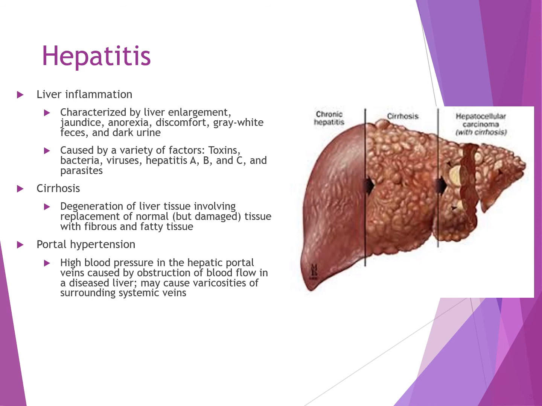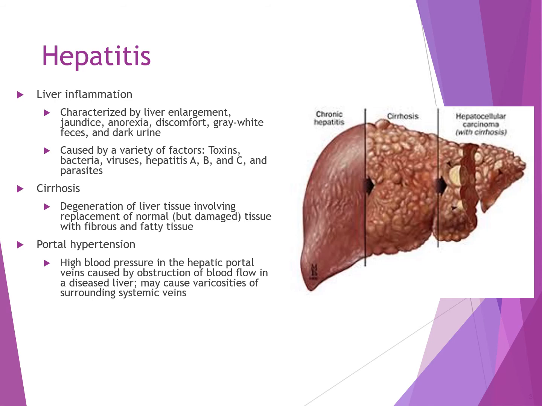So the liver also helps to filter that out as well, and other various toxins. So some things that can cause liver inflammation are various toxins, bacteria, and viruses, like hepatitis A, B, and C, or there are some parasites out there as well.